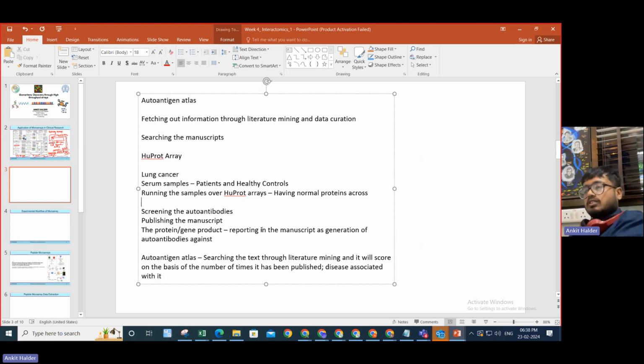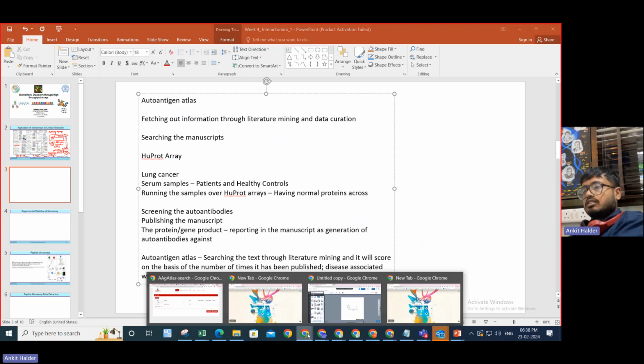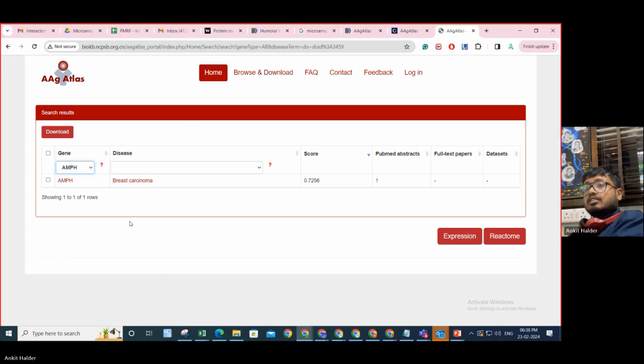So in the Autoantigen Atlas, if you go and search, for example AMPH, then you have the diseases, and you have expression level and your scores, and you can download it as well.